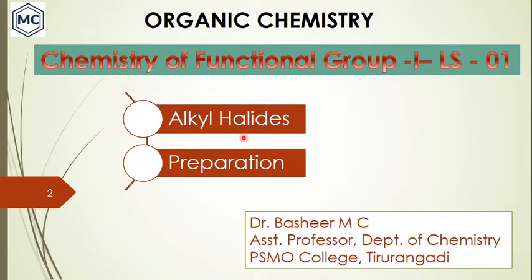In this lecture series, we are going to discuss some topics in organic chemistry, the chemistry of functional groups. We will be focusing on functional groups like alcohol, alkyl halide, and phenol. In this first lecture, we will be discussing alkyl halides and their preparation methods.